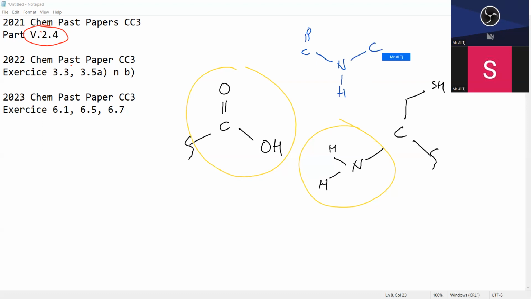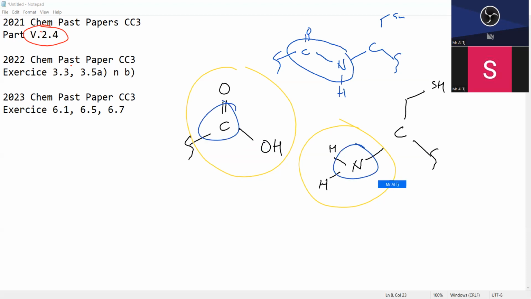And that's going to be the carbon, etc., SH, etc. We don't care. So the key part of this is the bond between the carbon and the nitrogen. So we know we're going to talk about this carbon and this nitrogen. But which one is the electrophile and which one is the nucleophile?